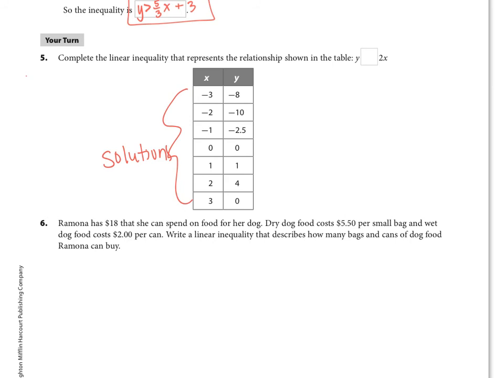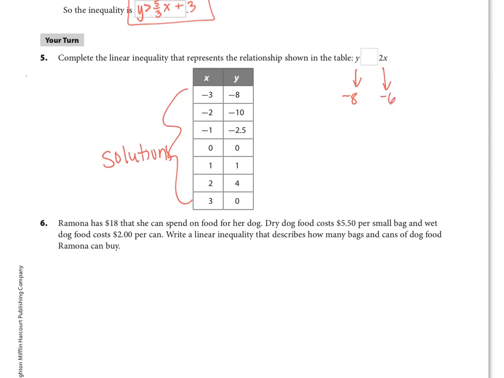So if x is -3 and y is -8, I could say that -8, how does that compare to 2 times -3? And 2 times -3 is -6. So how does that compare?